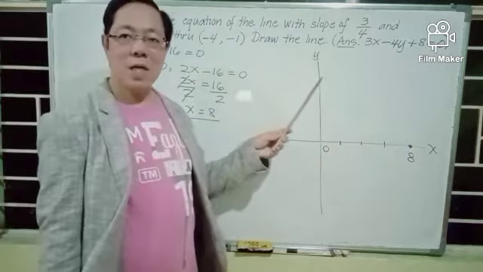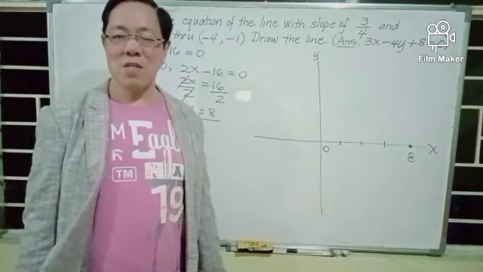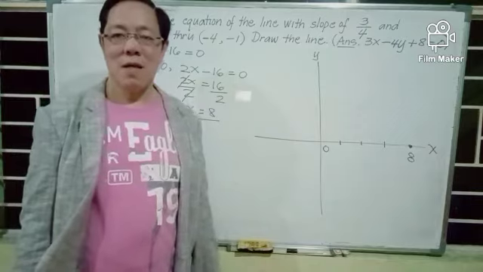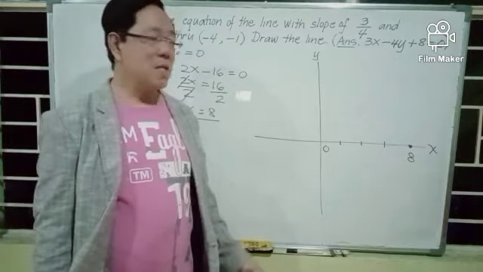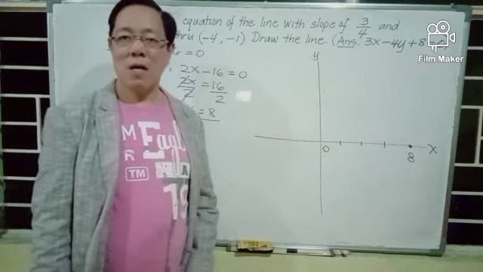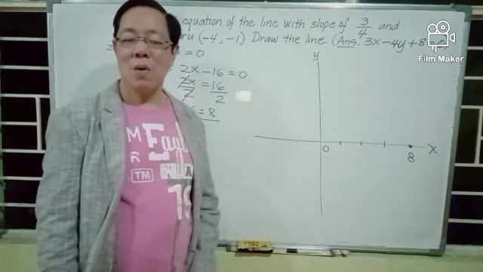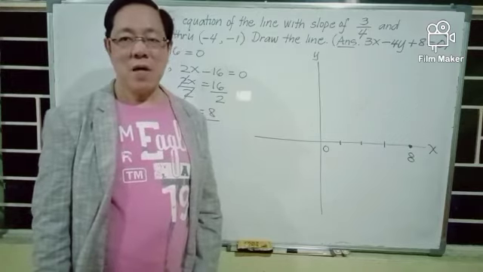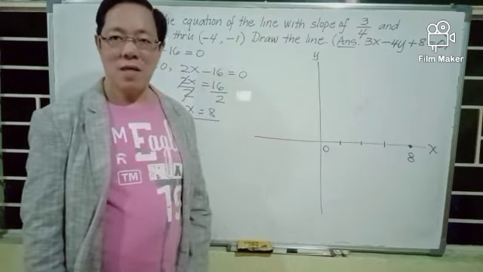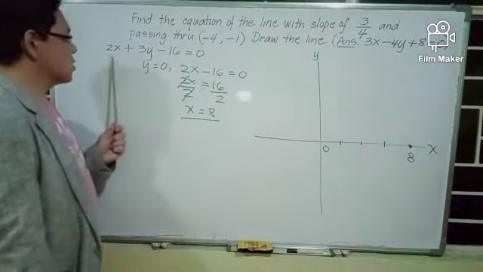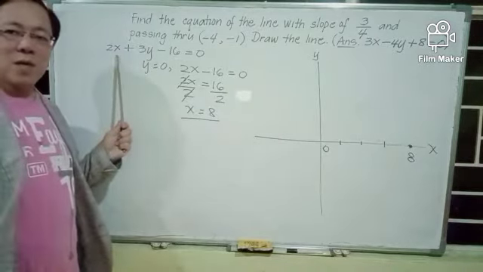Next, we find the y-intercept, or the point of intersection of the line and the y-axis or vertical axis. The y-intercept is a point on the y-axis, and any point on the y-axis has abscissa or value of x equals 0. Thus, to find the y-intercept of the line, you set x to 0 in the equation of the line and solve for y.